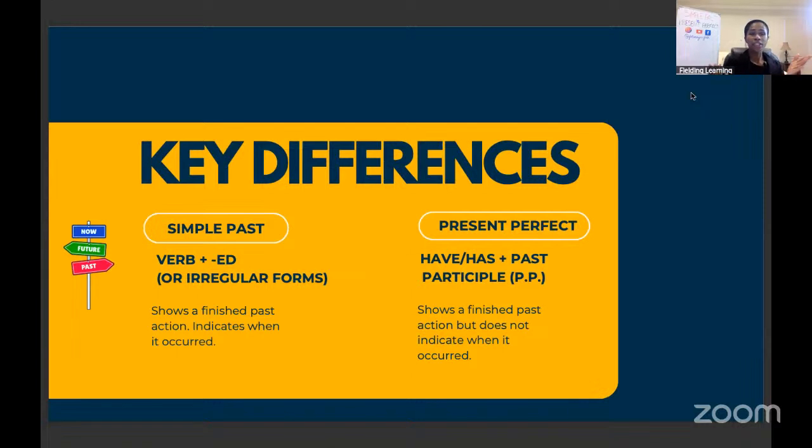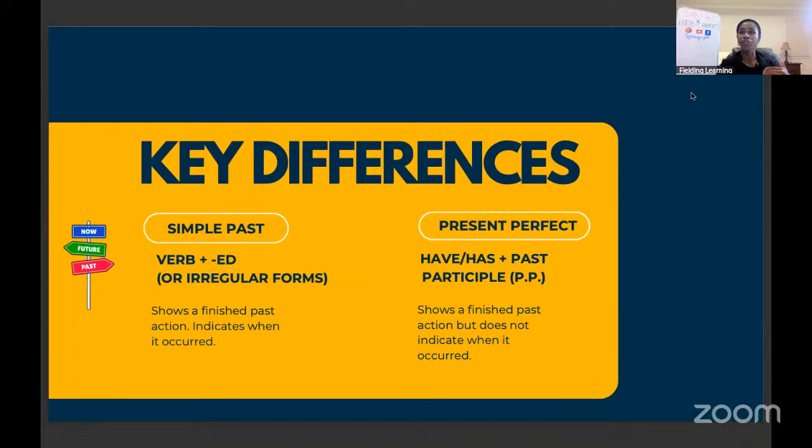So as you see over here on the screen, simple past, you use the verb plus ed, okay, or irregular verbs, irregular forms. So let's see, you have the verb that is visit, for example, and you're using it in the past, you're going to add the ed.